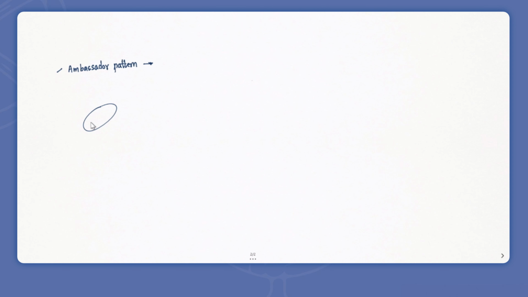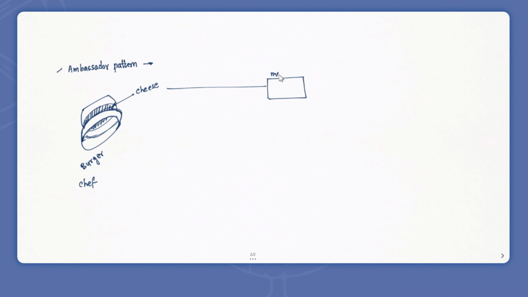So you have a burger, and there is cheese. This is the burger, not rightly drawn, but you understand it as a burger, and this is the cheese. The chef makes the burger, and every time the chef calls, this cheese comes from one of the malls or shops, and that shop name is Neokloud. So instead of calling directly to the shop, a provision is made: a delivery guy.